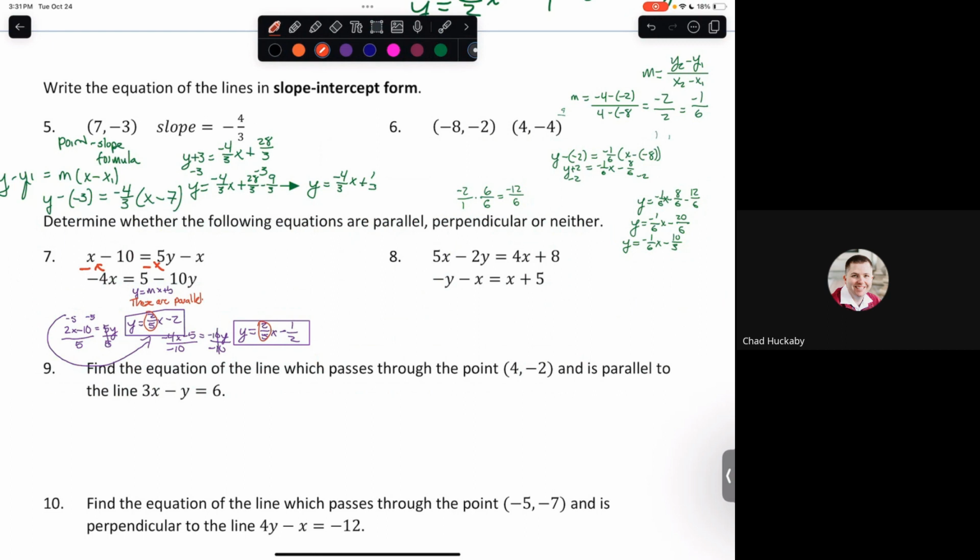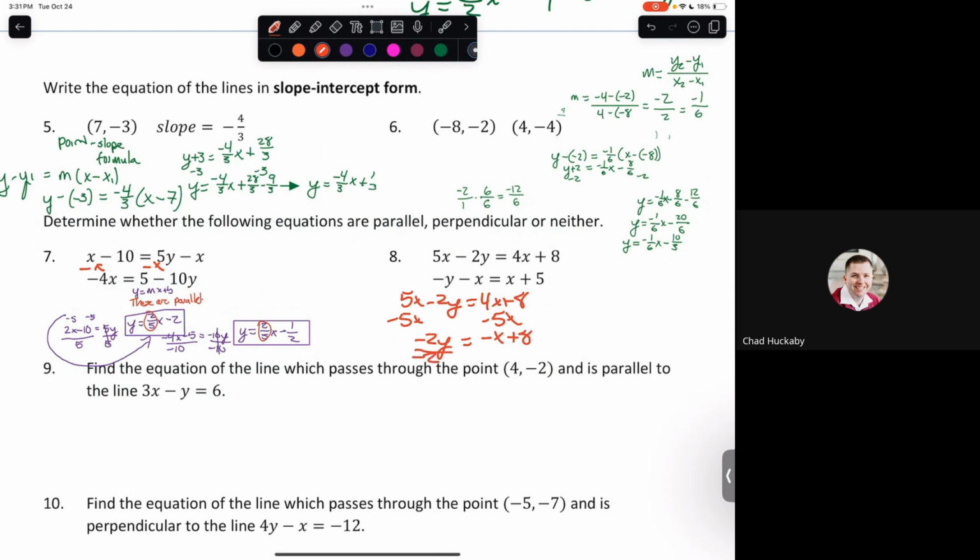Well, we have to do the exact same thing we just did. So in the first equation, 5x minus 2y is equal to 4x plus 8. We subtract 5x from both sides, and we get negative 2y is equal to 4x minus 5x, or minus x, plus 8.